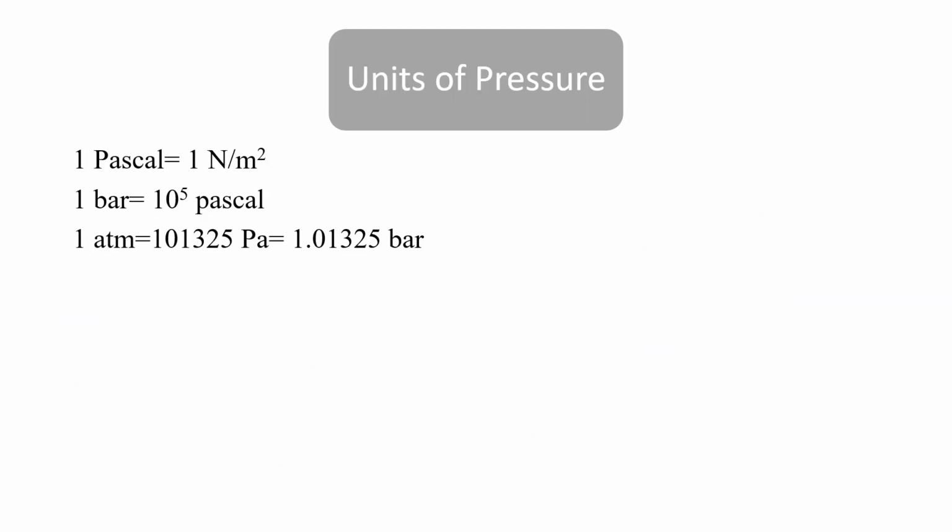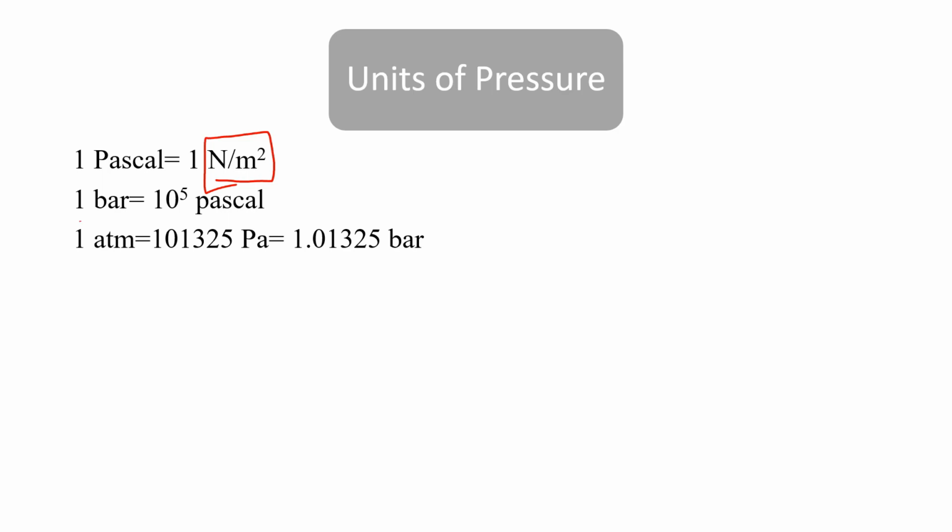So what are the units of pressure? Commonly used units of pressure are Pascal, bar, and Newton per meter square. The SI unit is Newton per meter square, and 1 Pascal is equal to 1 Newton per meter square.